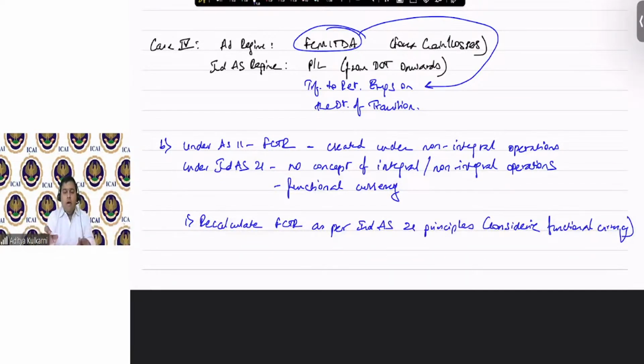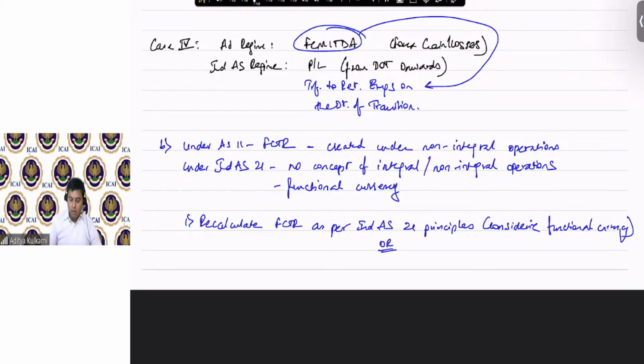Ind AS 101 tells us you cannot do that, boss. You cannot take that. If you want to have FCTR in your books, go back, look at all operations, integral, non-integral, whatever belongs to that entity, and do the entire restatement starting from the beginning to arrive at the correct FCTR in line with Ind AS 21 principles. Means basically, do a lot of hard work, and that hard work will result in the correct FCTR as per Ind AS 21.